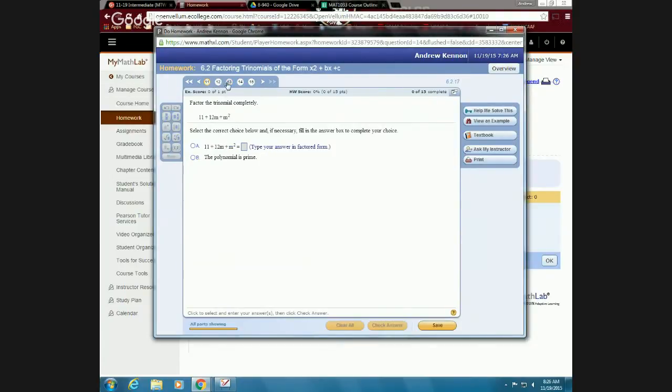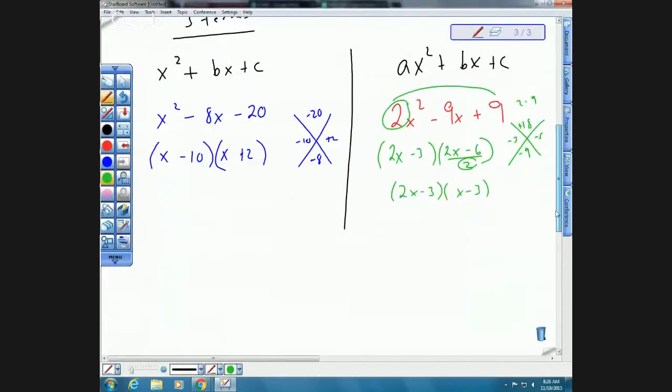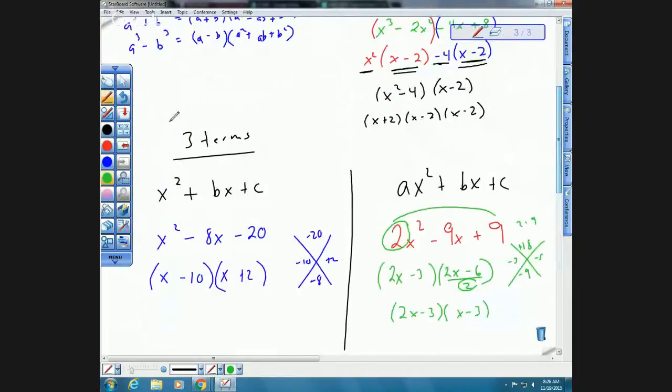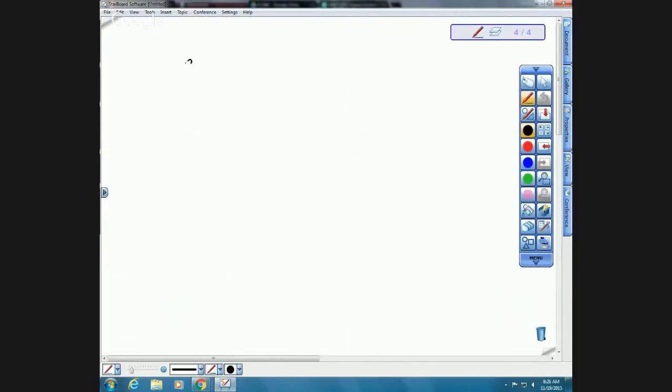What's there? X on one side and B on the other. A squared minus 9ab plus 20b squared, like that. All right, so really what you're looking at here is you have a squared and a right here coming from the left side, and then coming from the right side you have b squared and b.